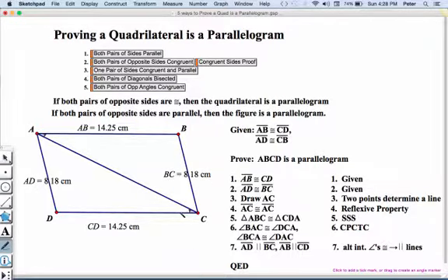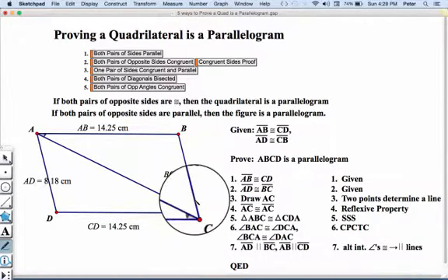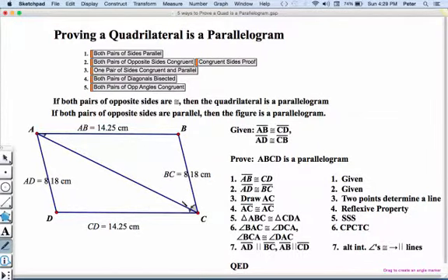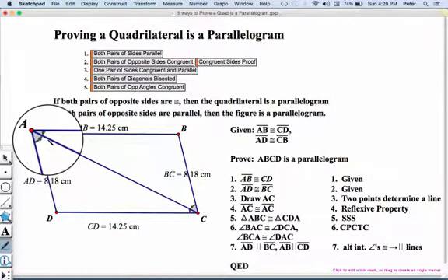So by CPCTC, that means that the opposite sides, AB and DC, are parallel, because alternate interior angles imply parallel sides. Also, by CPCTC, I know that angle BCA is congruent to angle CAD.